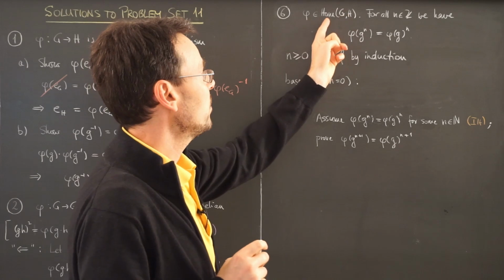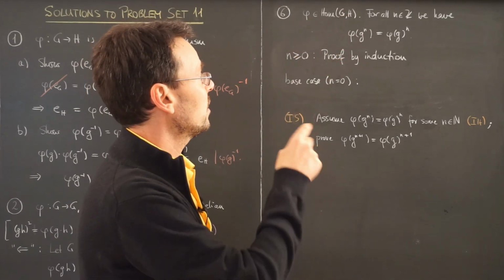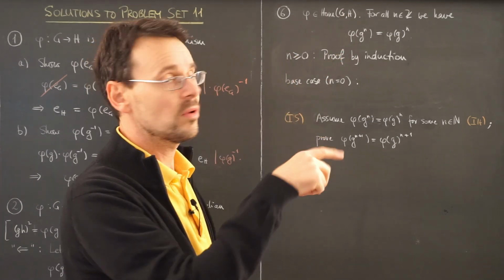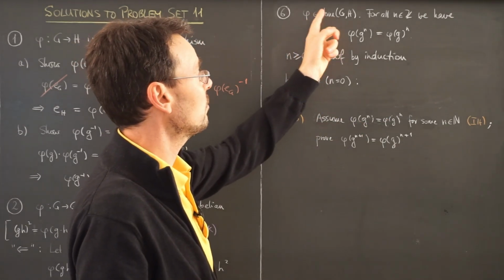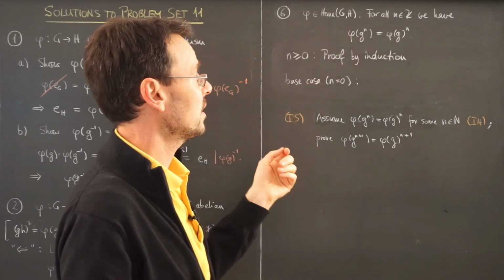Okay, exercise number 6. This is a nice abbreviation so that we don't have to write down "let phi be a homomorphism of groups G and H." We simply write phi is an element of hom(G,H), meaning exactly that.